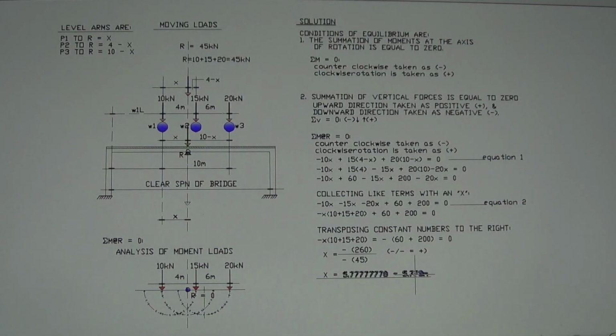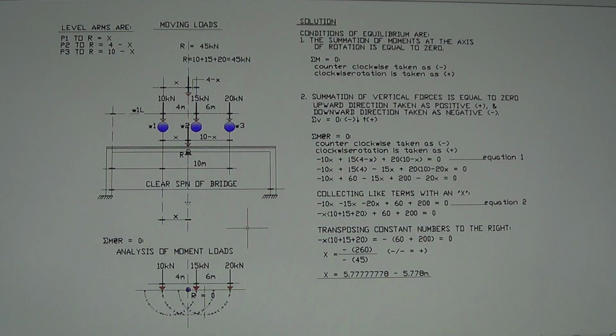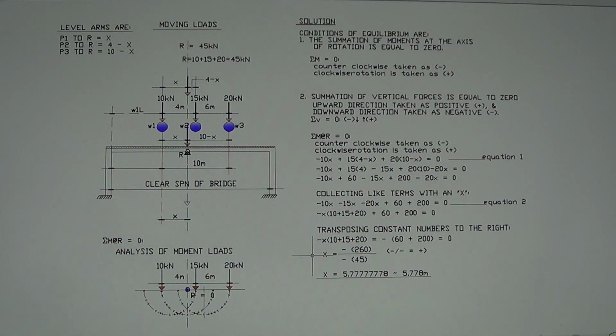You substitute that value of x into any of these equations, and that will be 0 equal to 0. Then the wheel loads here are in equilibrium, and x is correct. So when you determine the value of x, okay, so continue here.